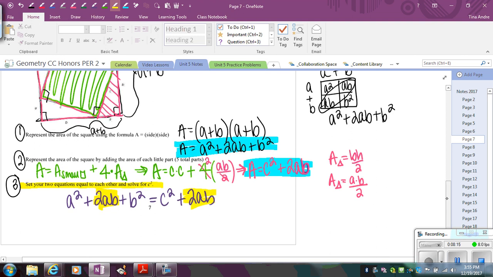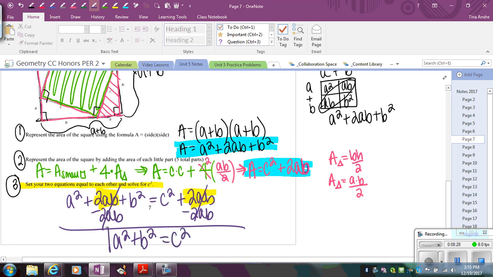So now what I can do is subtract the 2AB from both sides, those are gone, and I'm left with A squared plus B squared equals C squared. So we've just verified that the Pythagorean theorem is true when you have a picture like this. So there's one of many proofs of the Pythagorean theorem.